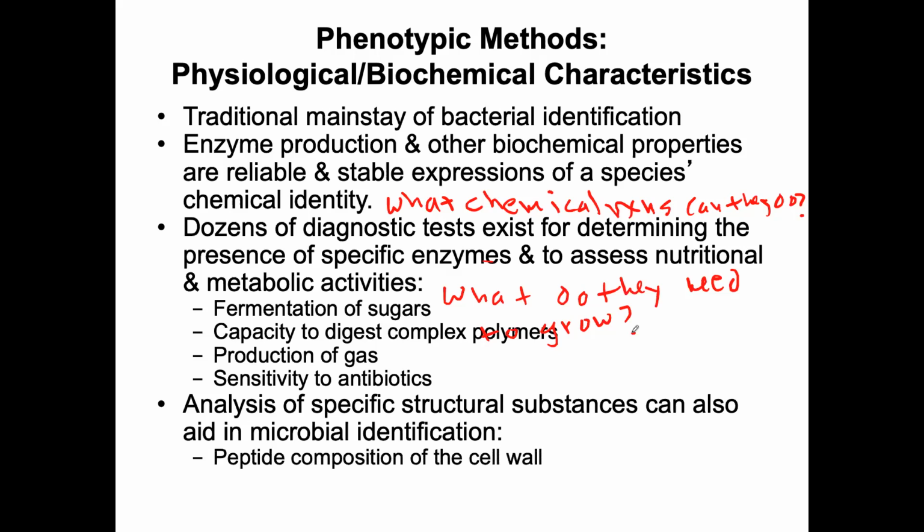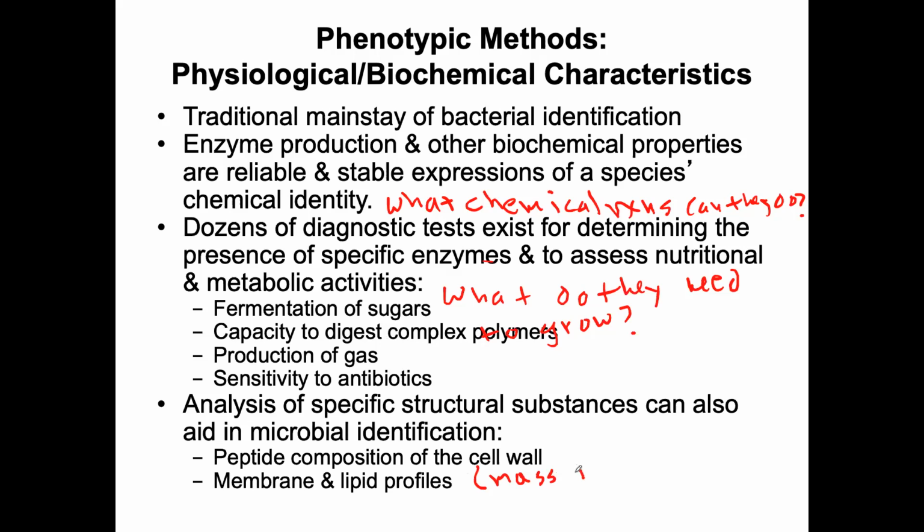We can look at what the cell wall is made of, and we can look at membrane and lipid profiles using something called a mass spec, all right, which is again beyond the scope of what you're going to be doing in the lab on a clinical floor.